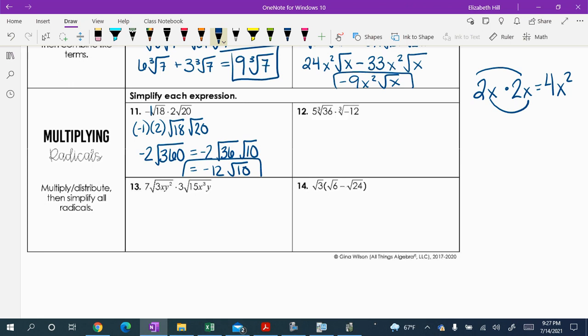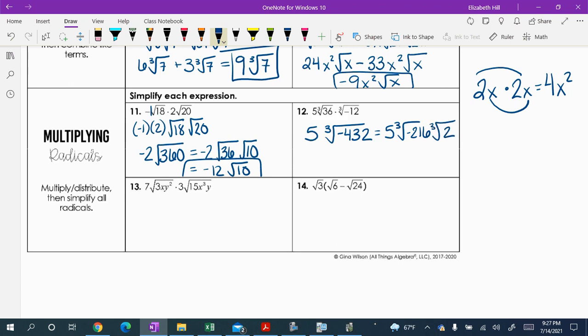Number 12, we're going to look at this part here. I need to take the 5 times the 1. So that's 5. And then I would have the cubed root. 36 times a negative 12 gives us negative 432. So looking and seeing, can we break this apart? Well, I can take the cubed root of negative 216, and I can take the cubed root then of 2.